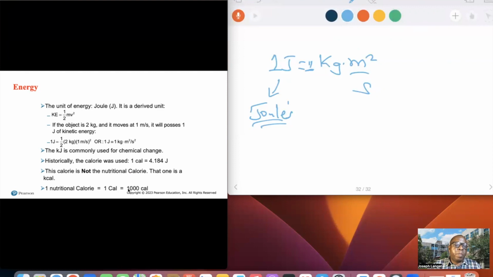Sometimes you may be given a problem on how to convert the units of energy from calories to Calories. There's a difference between uppercase Calories and lowercase calories.